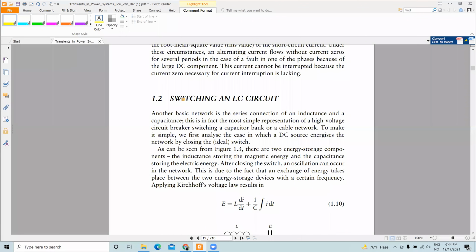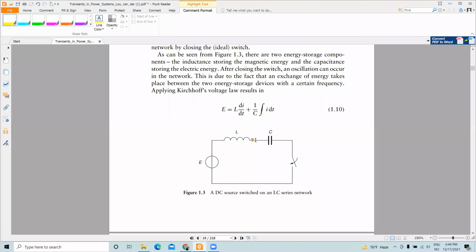So second comes the switching of LC circuit. Similarly, in case of LC circuit, if you apply KVL here, Kirchhoff's voltage law, then you have E equals L di/dt plus 1 by C integration of I dt.